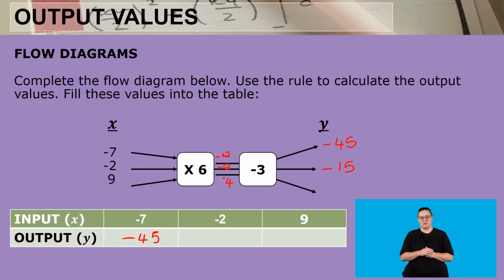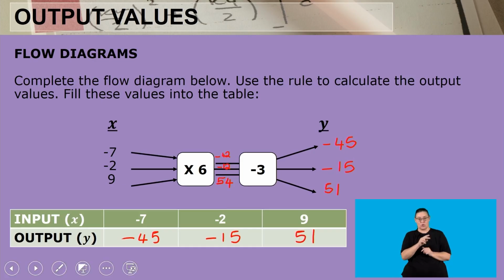So 54 is 9 times 6. And then from that 54, if we subtract 3, we are going to get an answer of 51. So those are the output values. So when our input value was -2, our answer was a -15. And when the input value was a 9, our output value is there a 51.